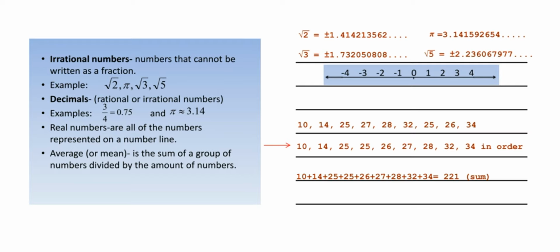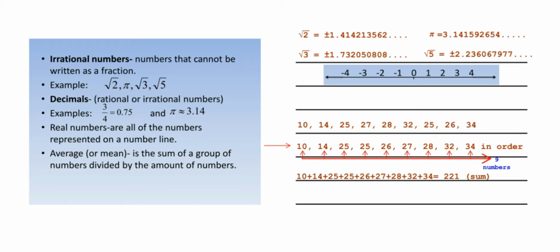Okay, once you get the sum, we check how many numbers we had. So there is the first number. We have one number, two numbers, three numbers, four numbers, 5, 6, 7, 8, and 9 numbers. We have a total of 9 numbers.